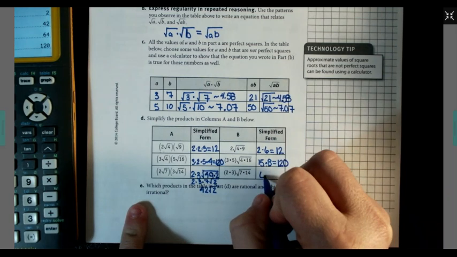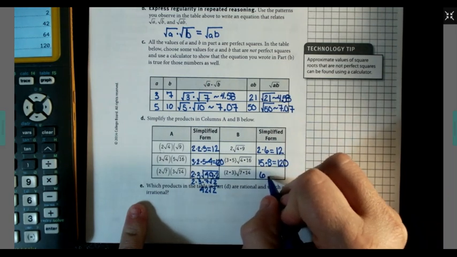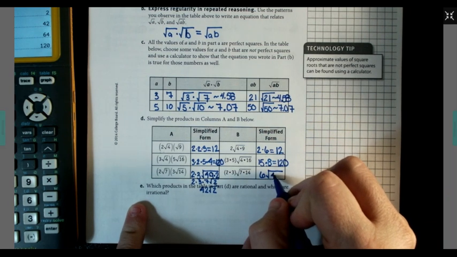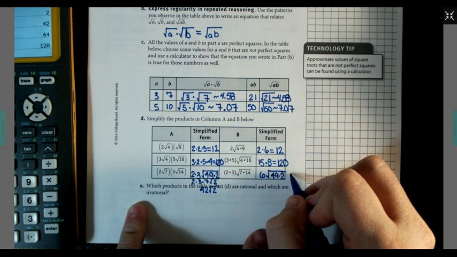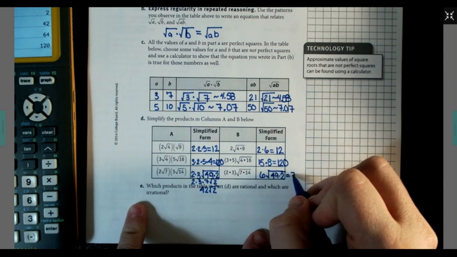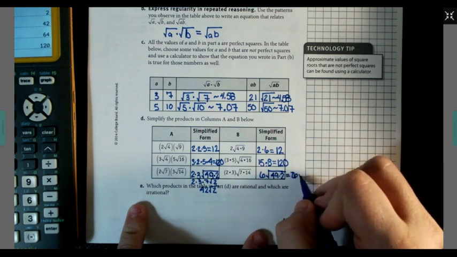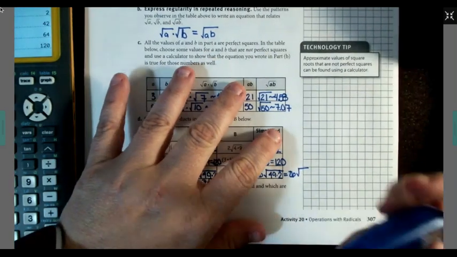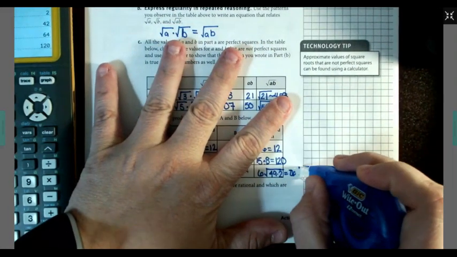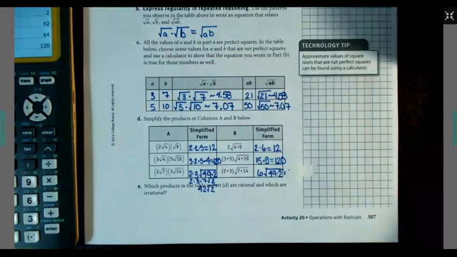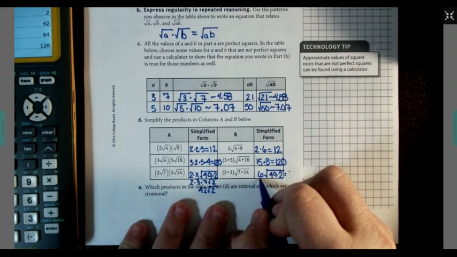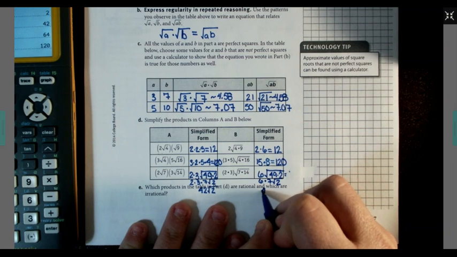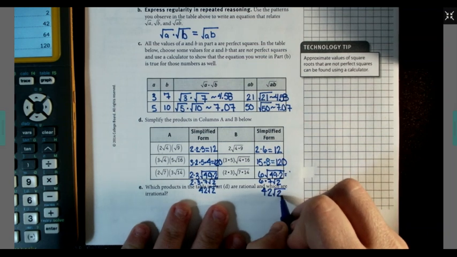We've got 6, and we've got the square root of 49 and 2. Let's go back here. Okay, so that's going to be 6 times 7 square root of 2, which makes this 42 square root of 2.